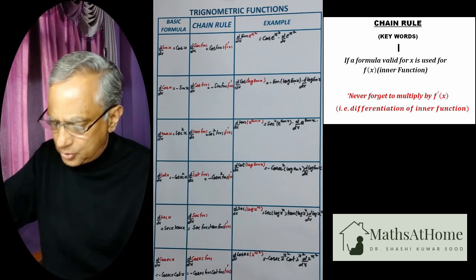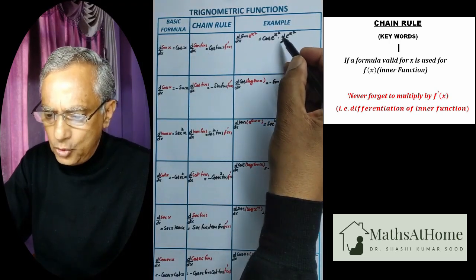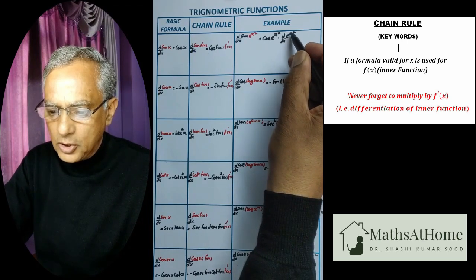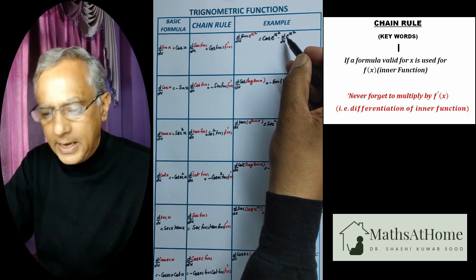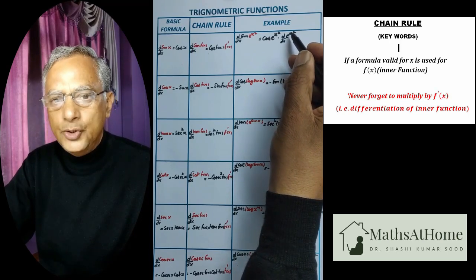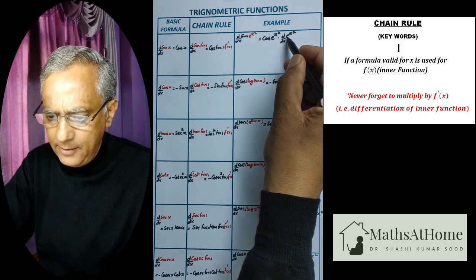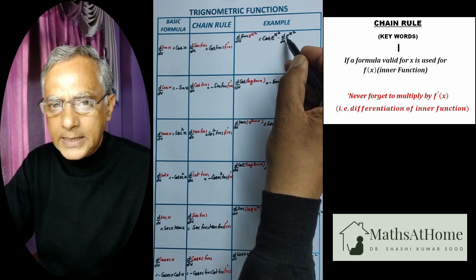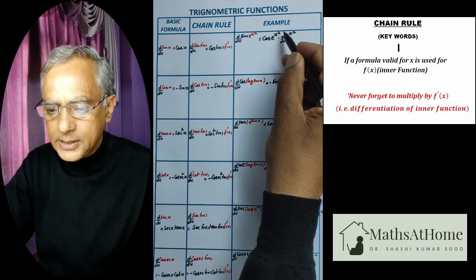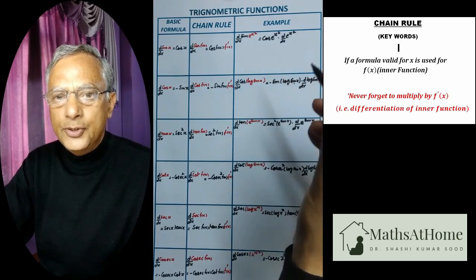But in all these questions, again we have to use the formula for d by dx of e fx, so we will have to apply chain rule again. Here the formula for e to the power of x will be used for e to the power of fx, that is x square.